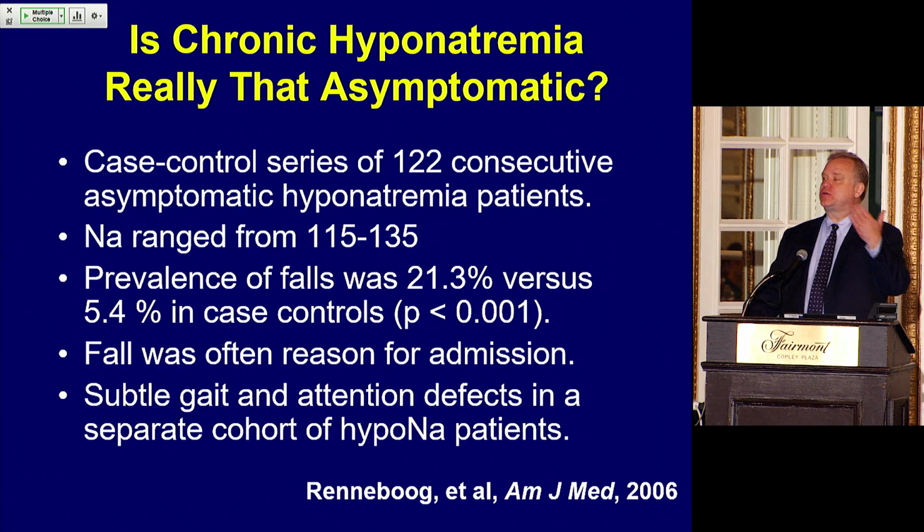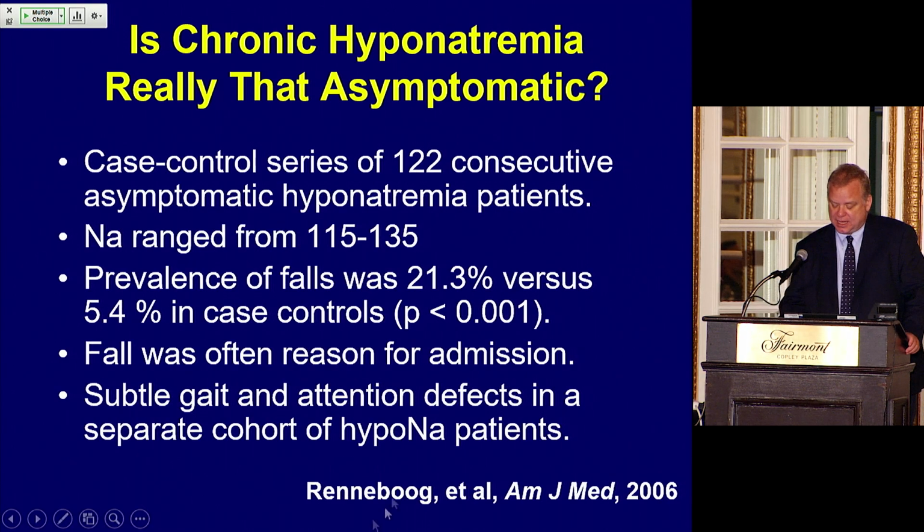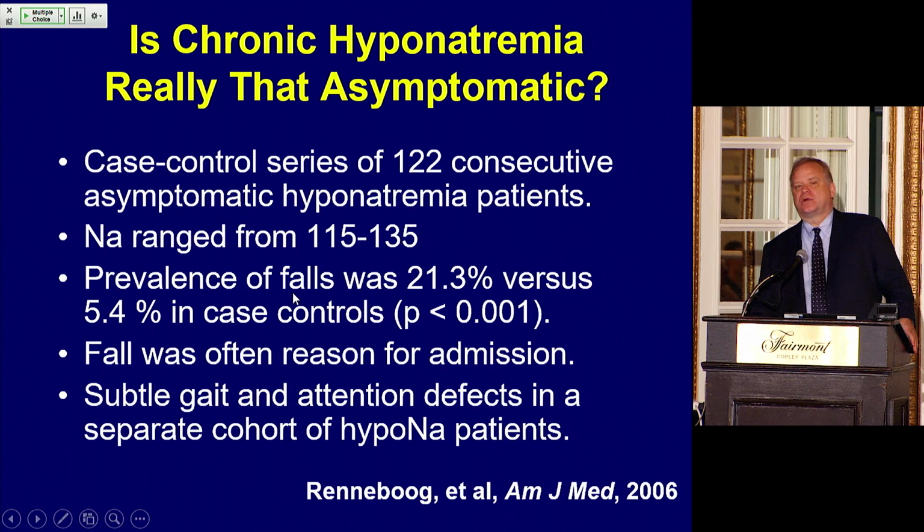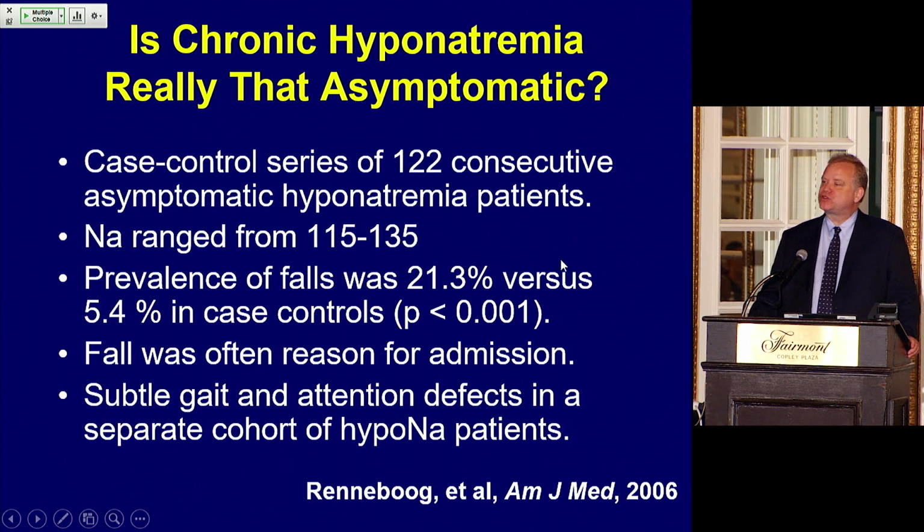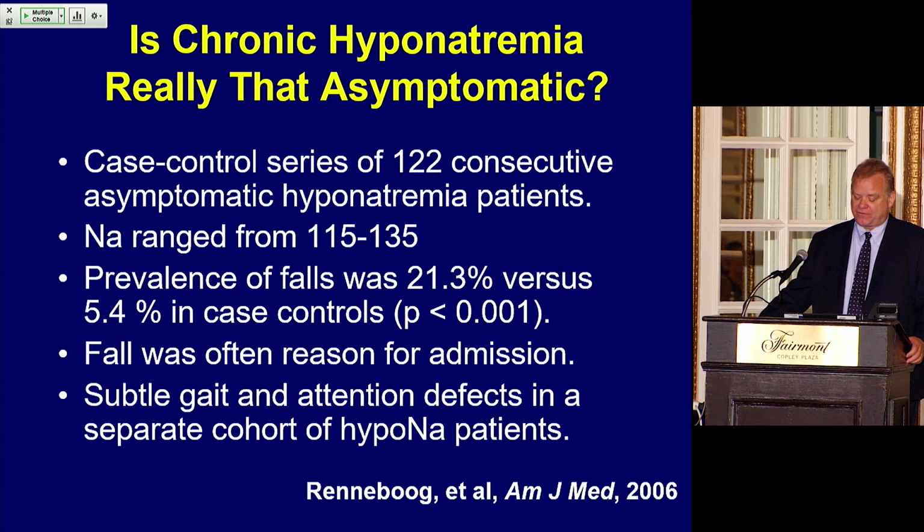So again, this issue though of is chronic hyponatremia really that asymptomatic? This particular paper from now more than a decade ago was a study of hyponatremic patients at a hospital in Belgium who were thought to be relatively chronic. They had a very high prevalence of falls. About 21% of these patients had a fall.